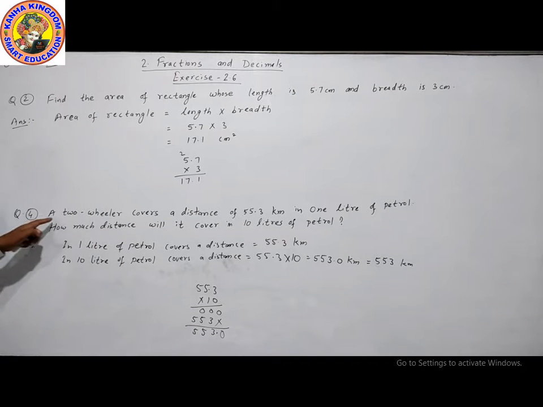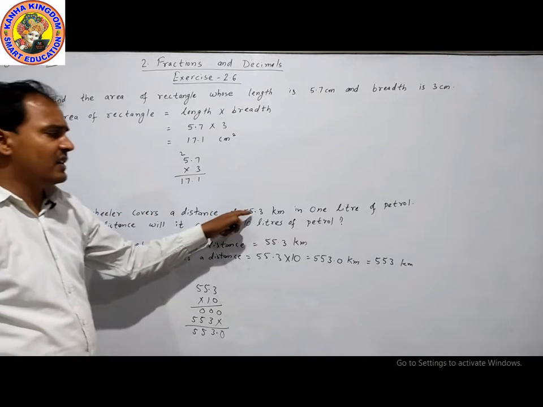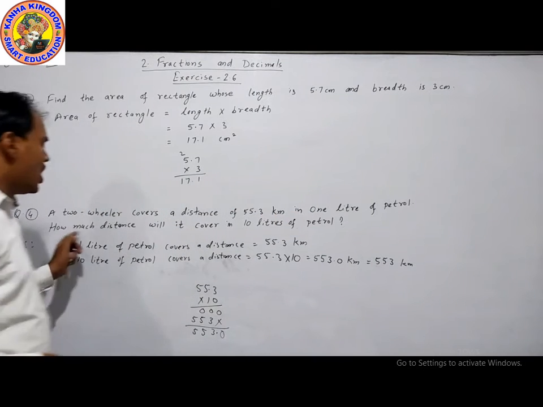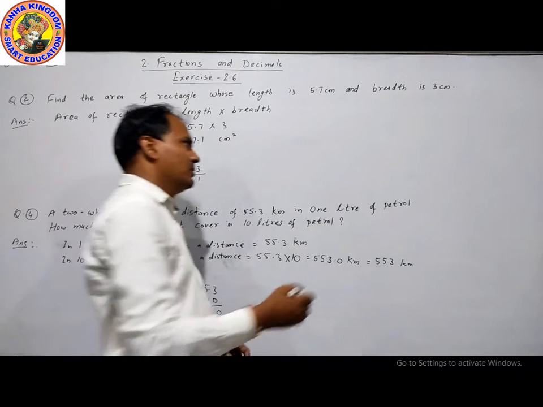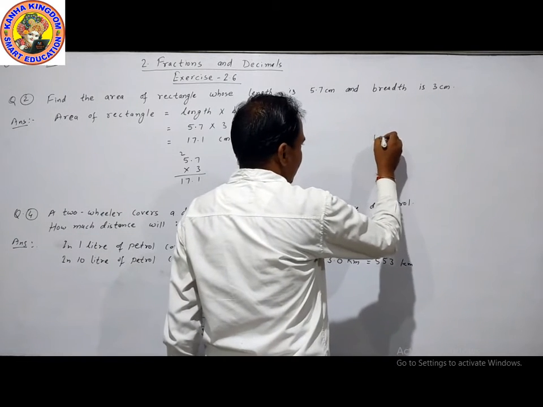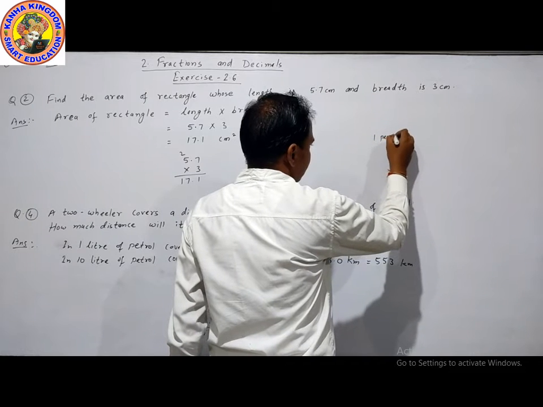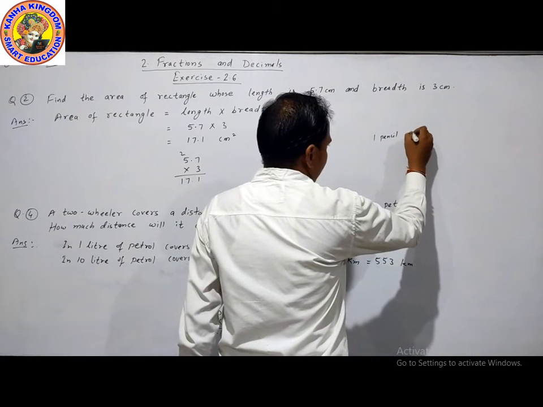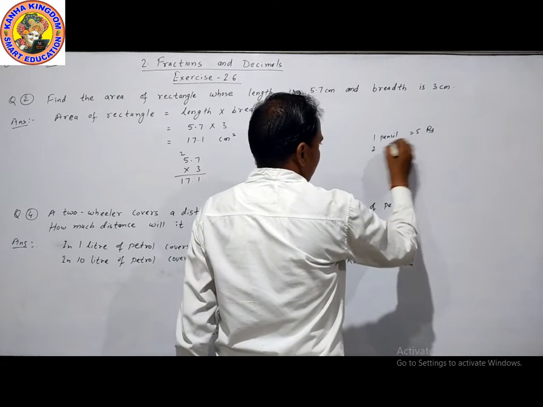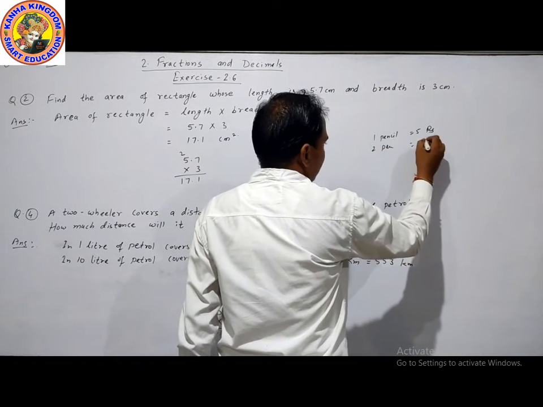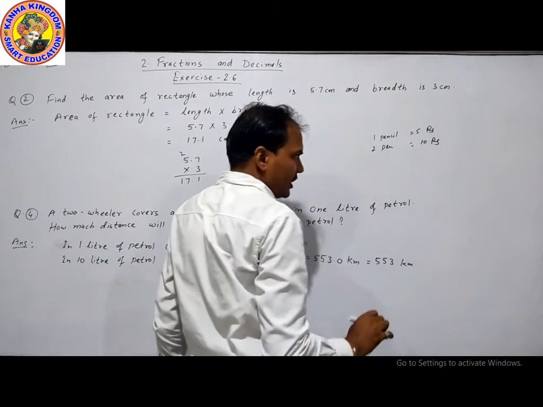Now question number 4. A two-wheeler covered a distance of 55 in 1 liter petrol. How much distance will it cover in 10 liter of petrol? If you buy one pencil for 5 rupees, 2 pencils will be 10 rupees.